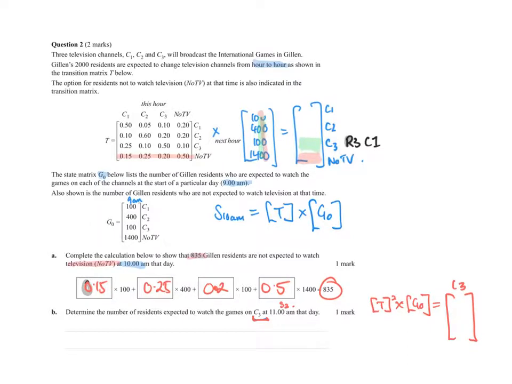Sorry, this is 11 a.m. This will give me state 3, which is 11 a.m., and we want C1, C2, C3, no TV. We want this number there. So we'll go do that on the calculator. All right, we did that on the calculator. We did the transition to the power 2, we get 356. That's pretty easy. That's just a transition. You can go step by step or just do the power of 2.